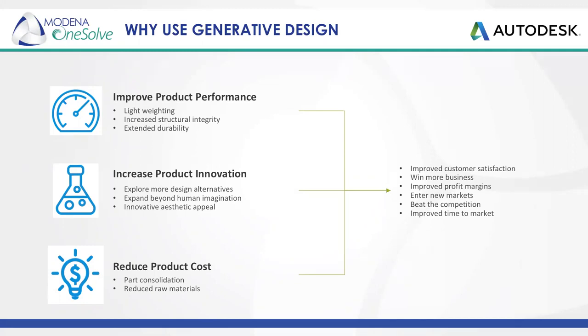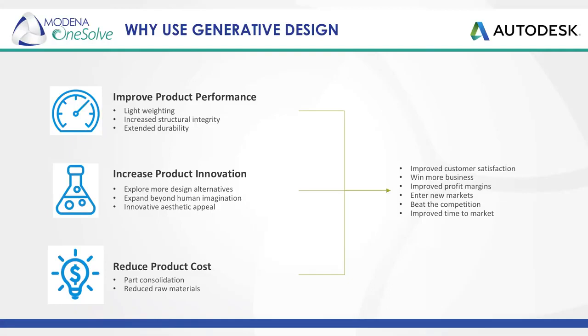As mentioned with the General Motors example, product performance is improved by making components lighter and stronger, increasing their durability and overall lifespan, allowing us to meet and even exceed the needs of our customers by simply providing them better quality products.